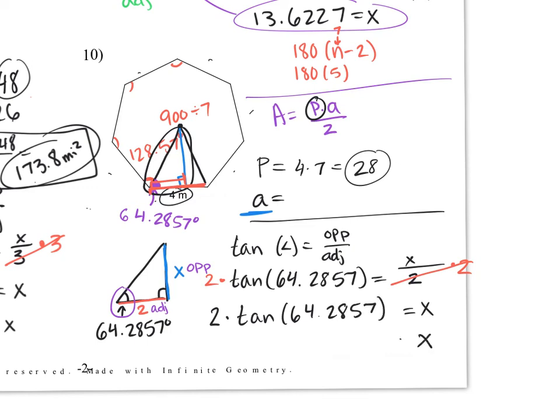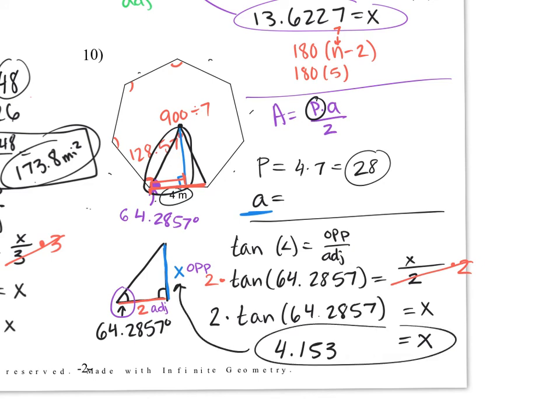So I can go ahead and use my calculator and type that in. 2 times the tangent of 64 point blah, blah, blah, equals, I get x to be equal to something close to 4.153. This represents my apothem. We just found the apothem to be 4.153 about.